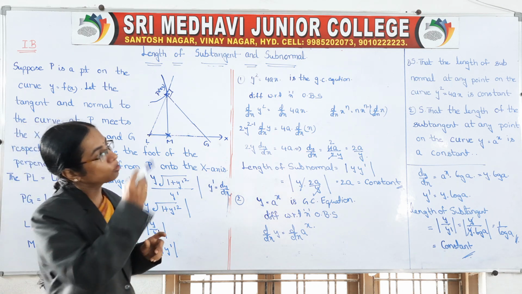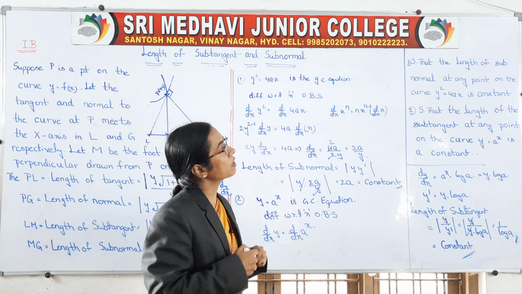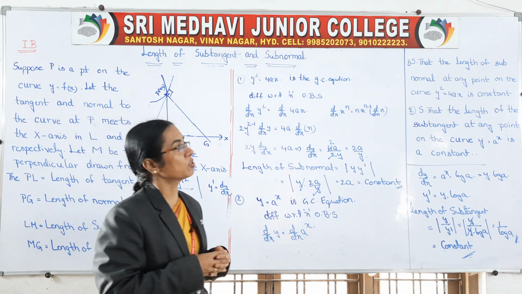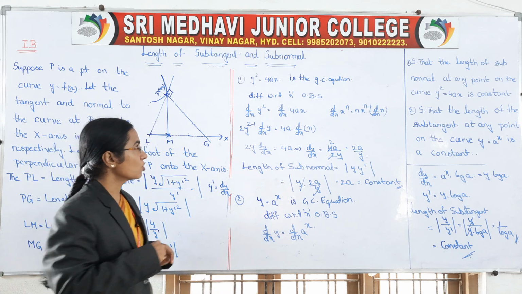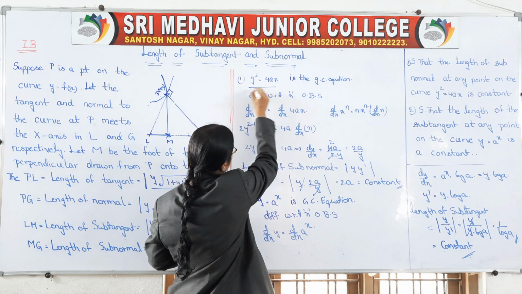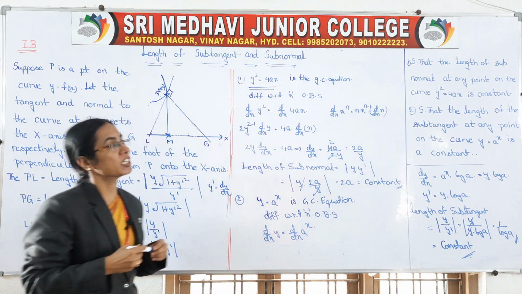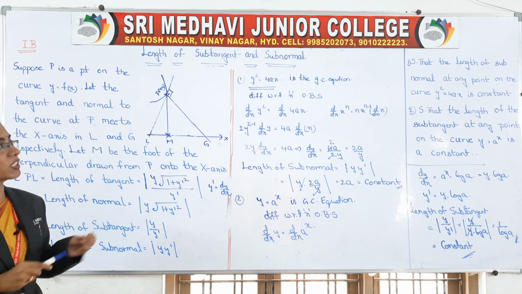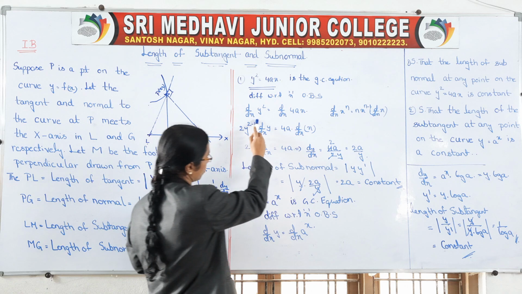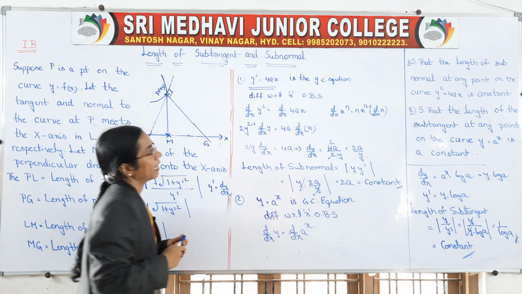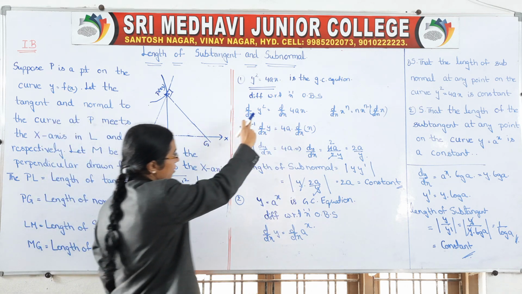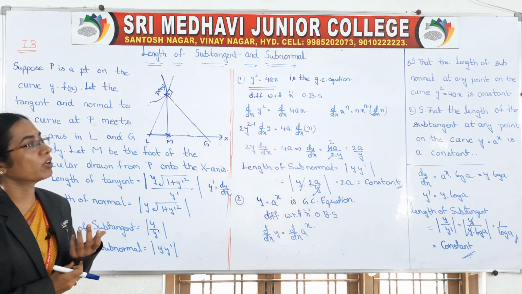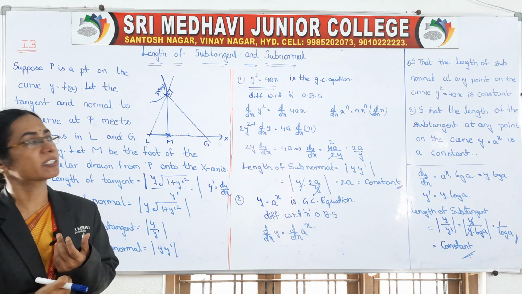After that we have taken two problems. The first problem is: show that the length of subnormal at any point on the curve y square is equal to 4ax is constant. This is the given curve equation. Differentiate this with respect to x on both sides. So d by dx of y square is equal to d by dx of 4ax. For y square, d by dx of x to the power of n is n into x to the power of n minus 1 into d by dx of x.